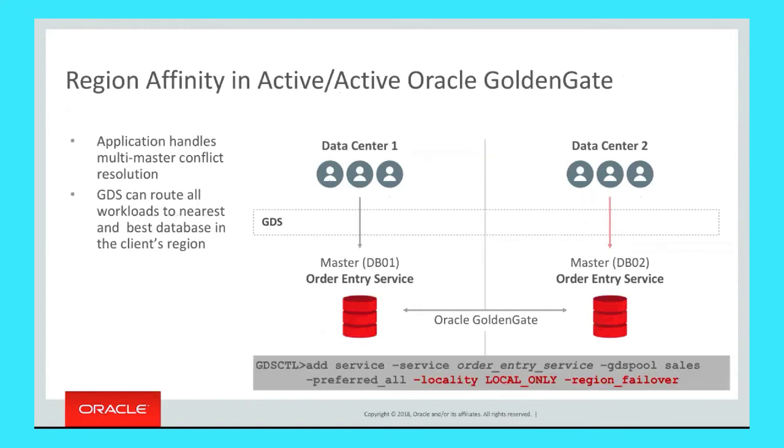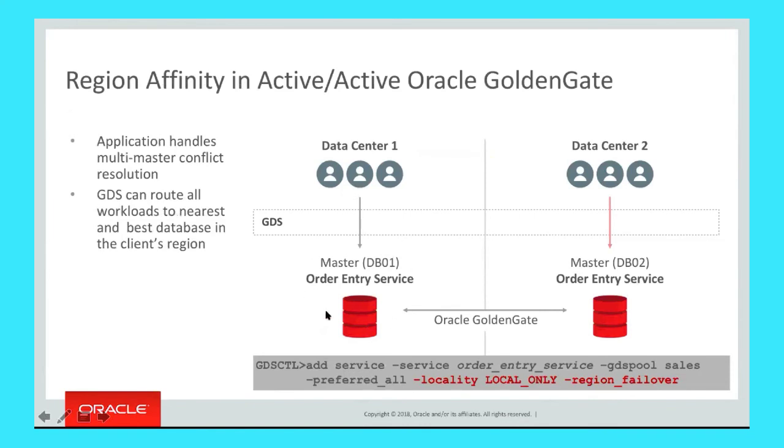To achieve that behavior, I would create my global service, in this example, the order entry service, that's offered on the pool sales. Okay, preferred all, that means it can run on any database as long as the locality is local only. That means preference is given to a local database first. For these clients, they always will go to the local database first.